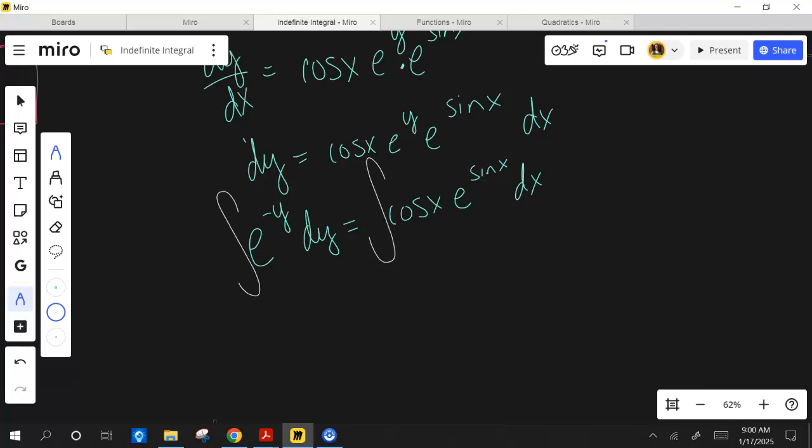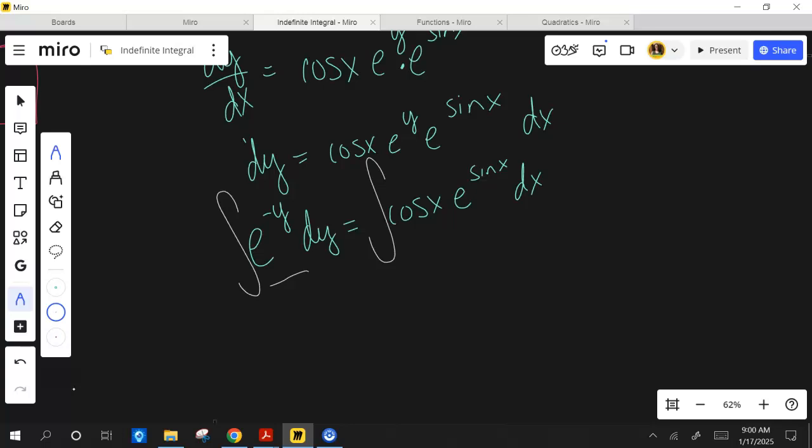I'm going to have to do a u sub on both sides. Well, unless you just know that would be negative e to the negative y. What's the antiderivative of e to the negative y?